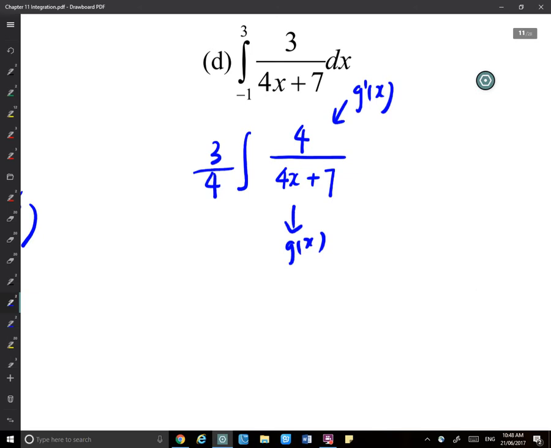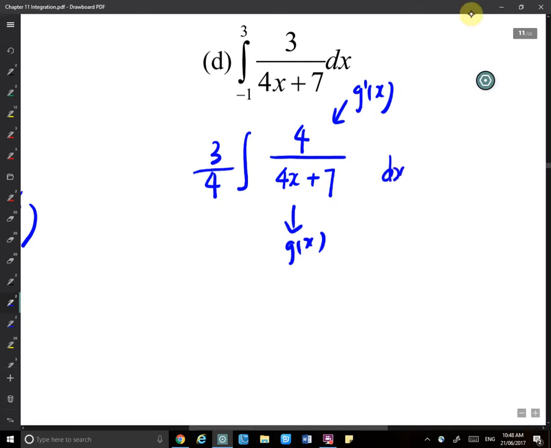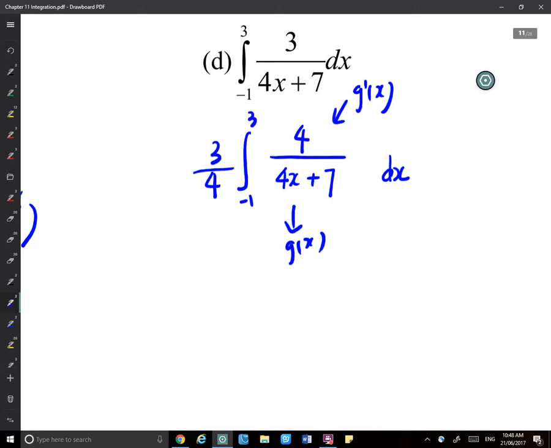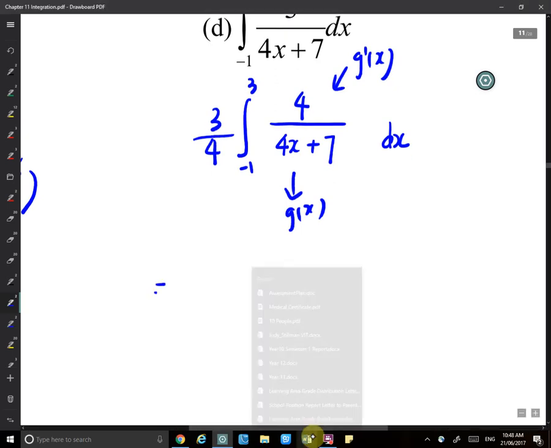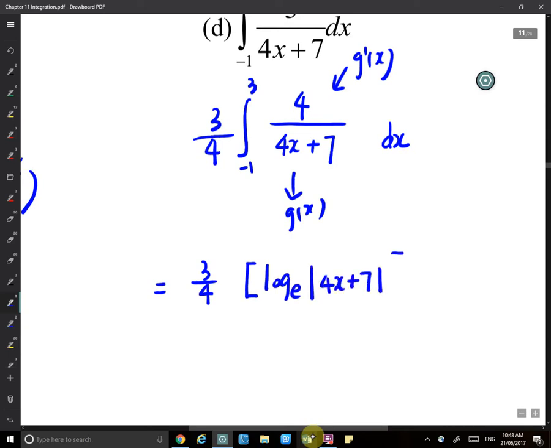And it can make g dash x over g x form. Don't forget the upper limit and lower limit, which is -1 to 3. Therefore, I have 3 over 4, log e absolute 4x plus 7, absolute, square bracket, -1 to 3.